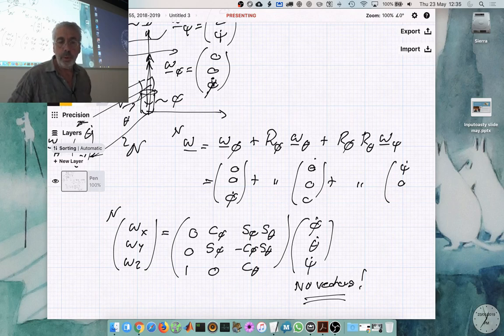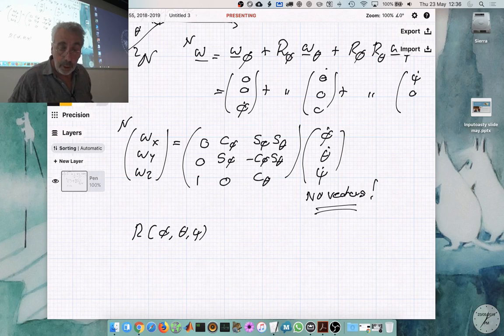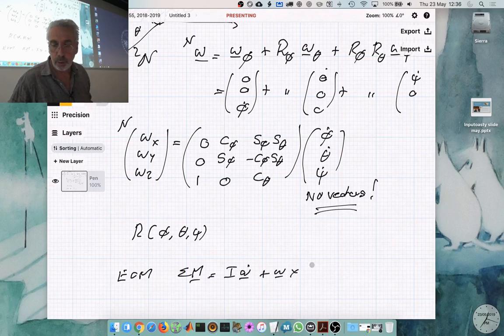Now, why are we doing all this? Well, because we use these angles for orientation. But from our equation of motion, which is torque equals I omega dot plus omega cross I omega, we solve for omega and omega dot.